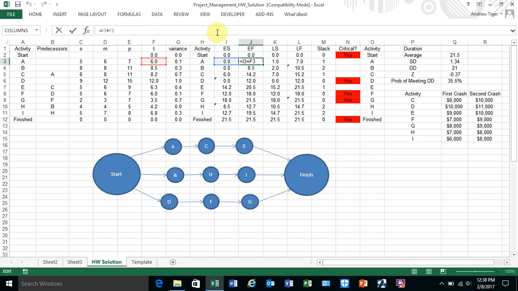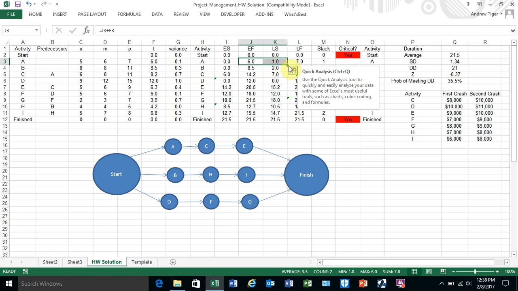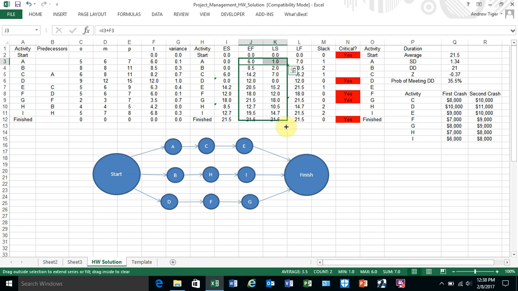The earliest finish is always equal to the earliest start plus the average time. The latest start is equal to the latest finish minus the average time. So we can copy these formulas down always. The rest of them, not so much.